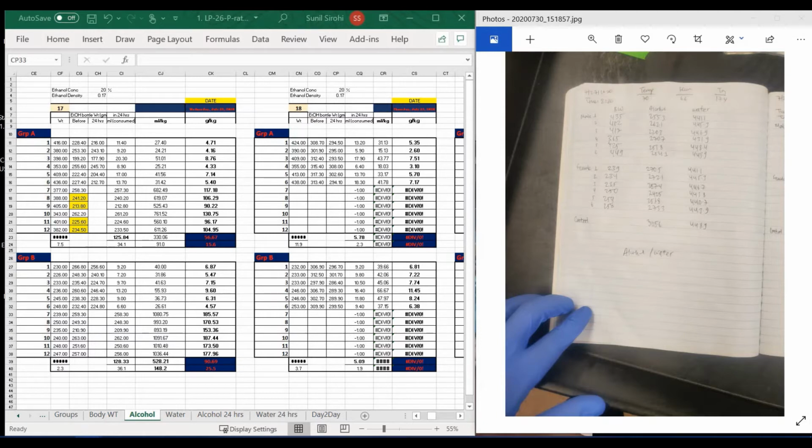And then this is for group A. So you just go back to your screenshots or pictures for the data.